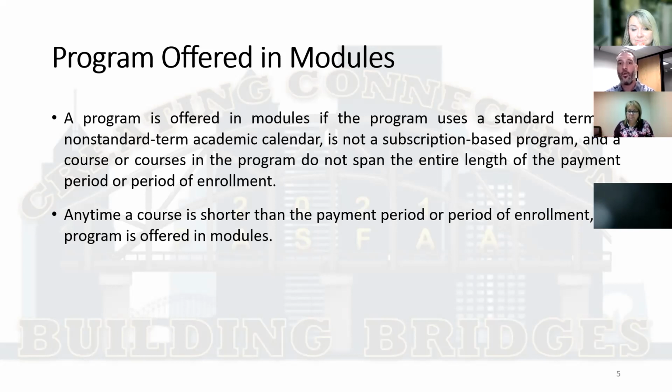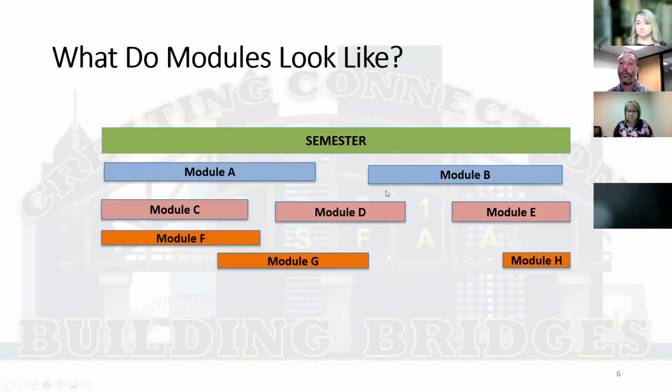So any course that is shorter than the payment period or period of enrollment is considered modular based. So watch out for that. You may have students that are in the spring and fall, and they're not modular based. And now they come into that summer term and they have an A, B, and a C, and we demonstrate that right here, that a lot of institutions and colleges have throughout.